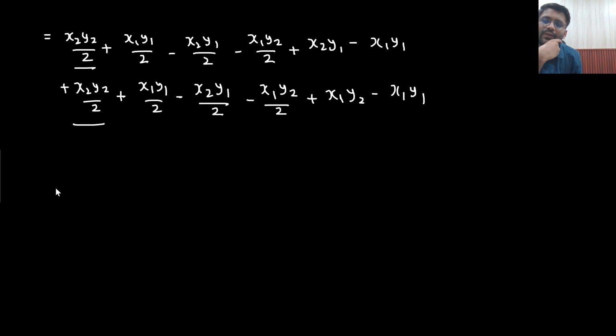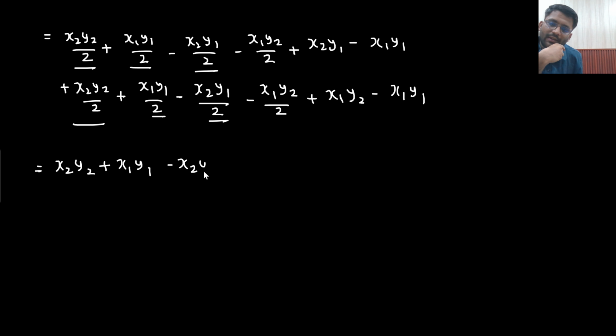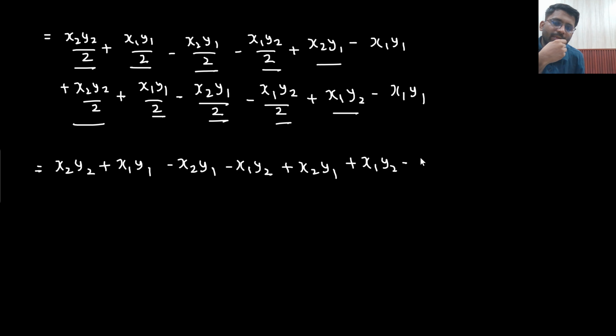x2 y2 is actually coming out to be x2 y2. Then x1 y1 plus x1 y1, x2 y1 minus x2 y1, x1 y2 minus x1 y2, leaving x2 y1 plus x1 y2 minus 2 x1 y1.